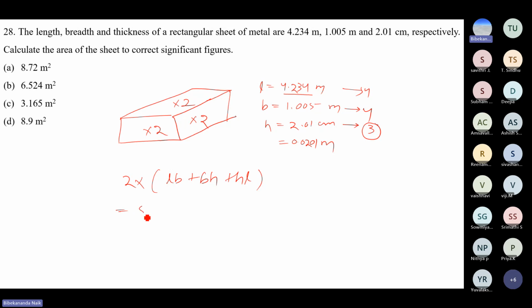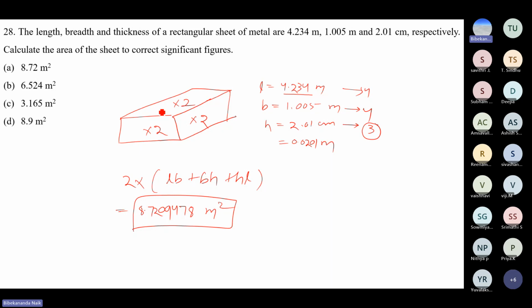So when you calculate it actually, it will be 8.7209478 meter square. This is the actual result of the multiplication.